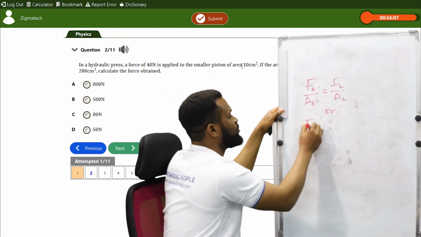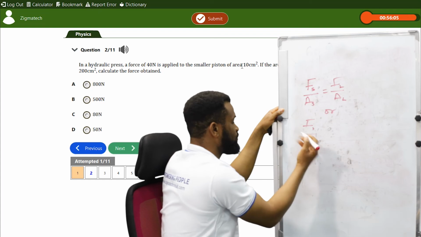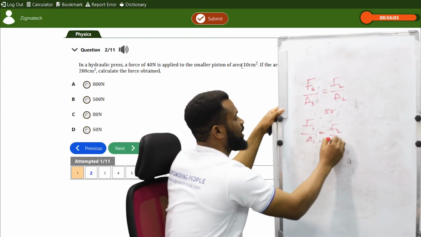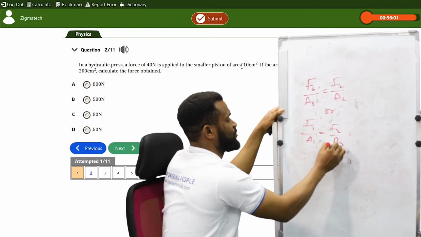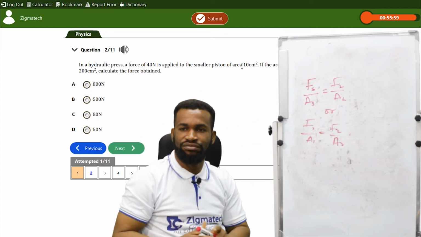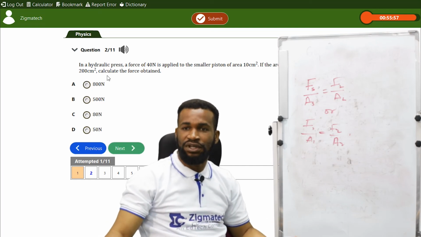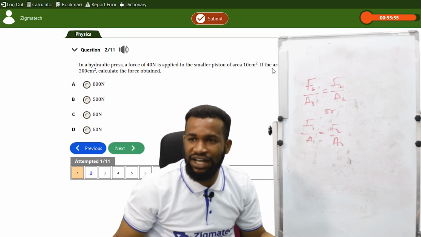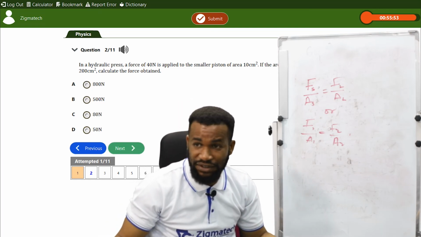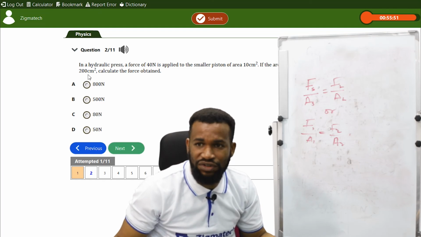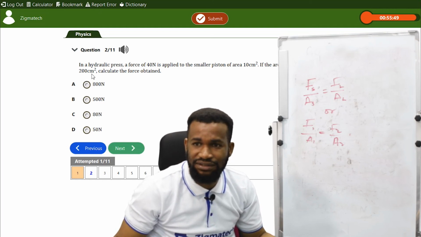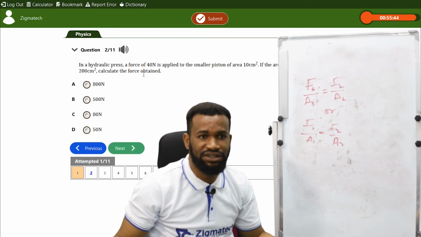Sometimes, some textbooks will use F1 over A1 equals F2 over A2. So whichever you choose, it doesn't matter. Now, they say if the area of the larger piston is 200 centimeter square, calculate the force obtained.